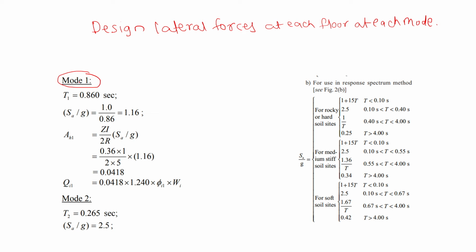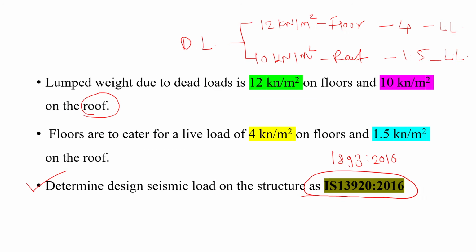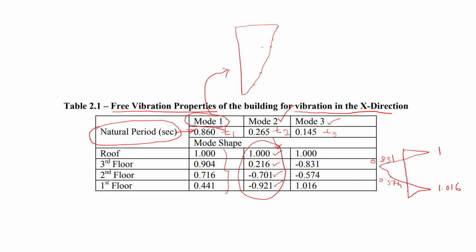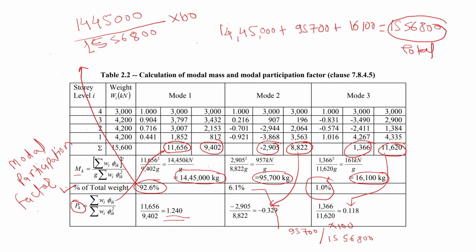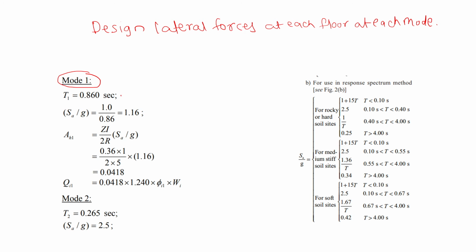So if you remember, for the mode 1, here they have given the natural time period 0.860. Now design lateral force, the formula is, I will write down the formula: AK multiplied by phi ik multiplied by PK multiplied by WI.